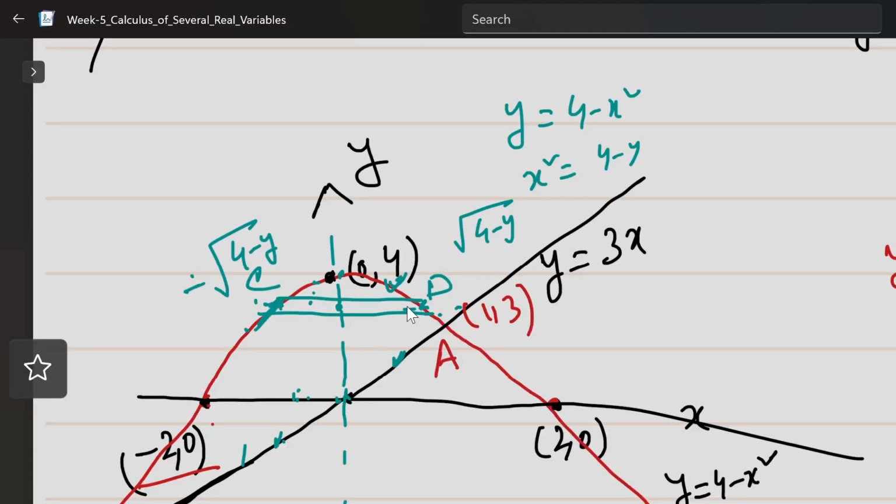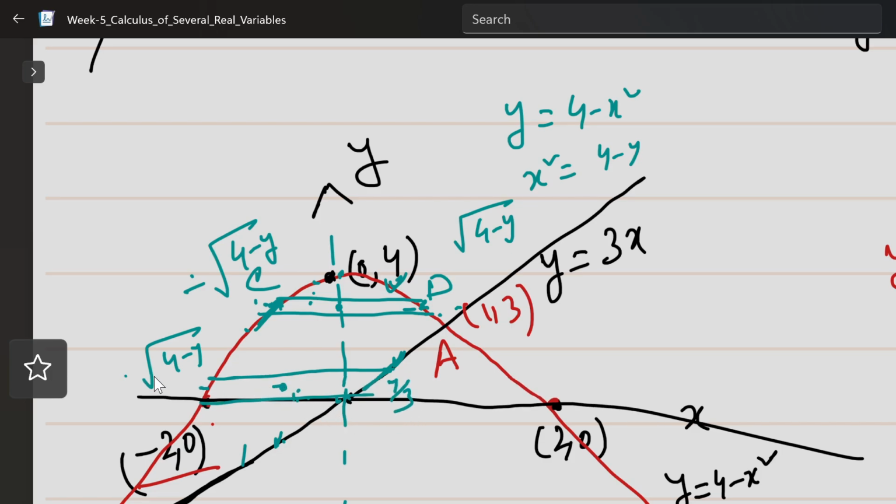But suppose you take the horizontal strip in this lower region.